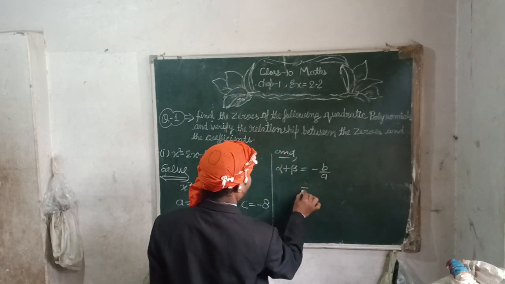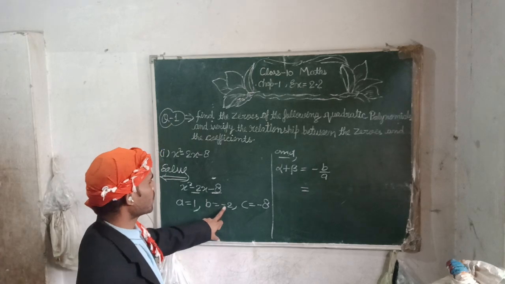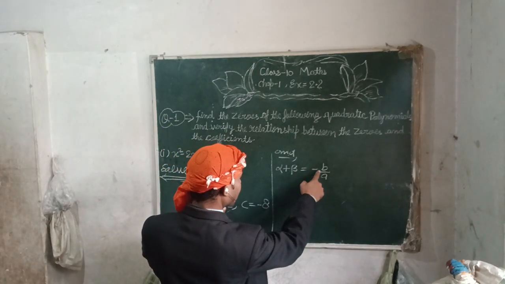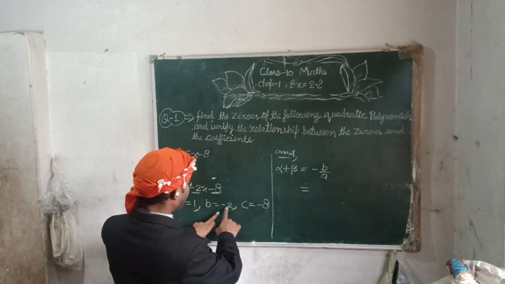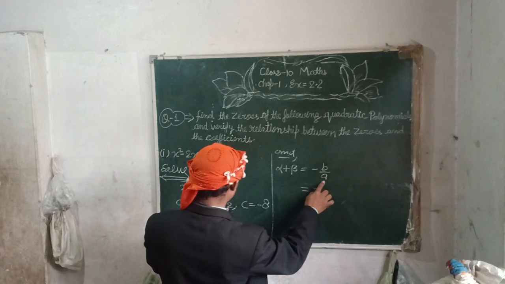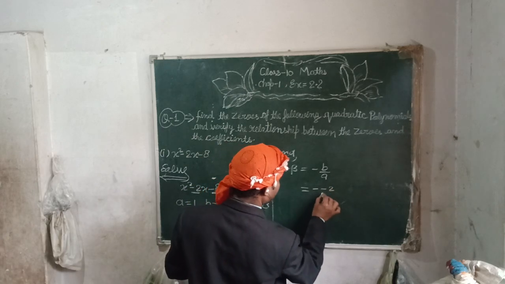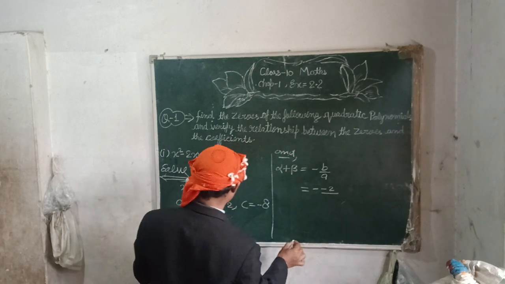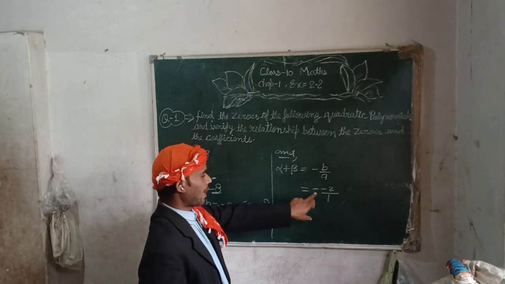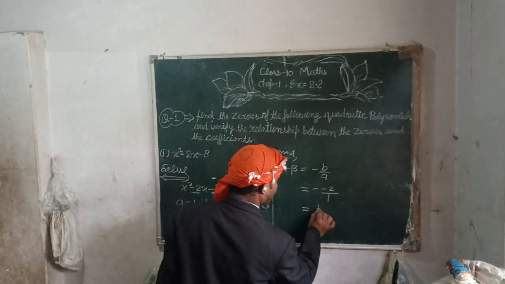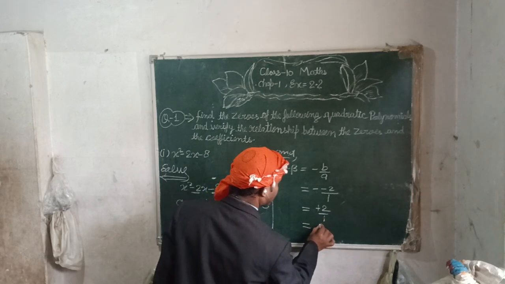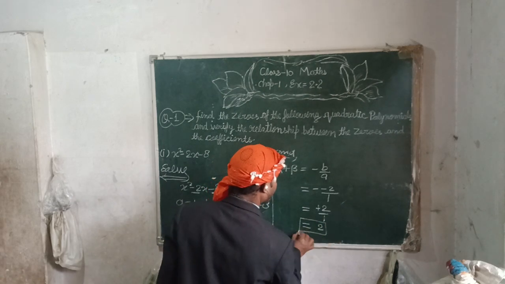The value of b is minus 2 and a is 1, so putting in the formula, minus of minus 2 upon 1. Minus into minus is plus, so 2 upon 1, the value is 2.